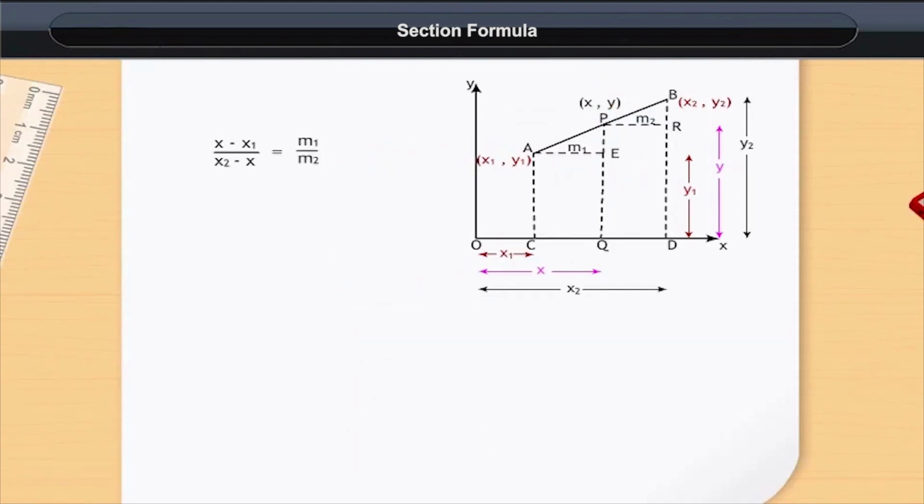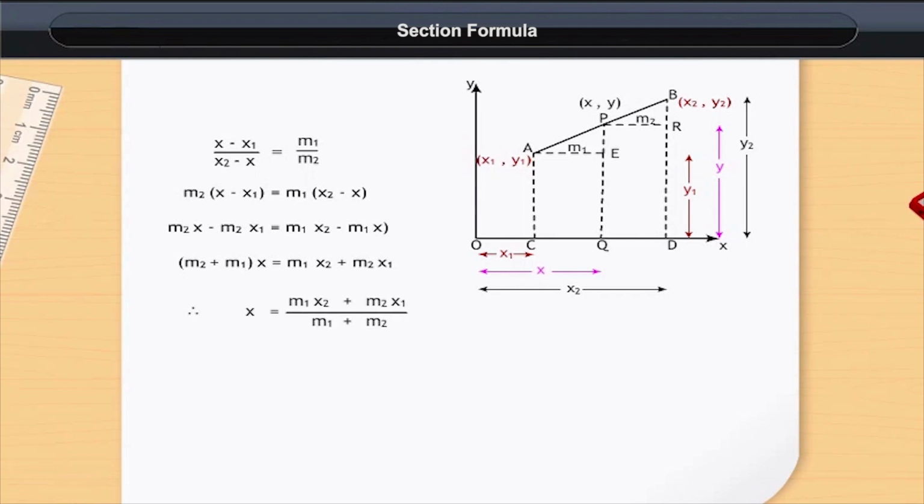Now, if we take (x minus x1) divided by (x2 minus x) equal to m1 divided by m2 and rearrange this, then we get x equal to (m1 multiplied by x2 plus m2 multiplied by x1) divided by (m1 plus m2).